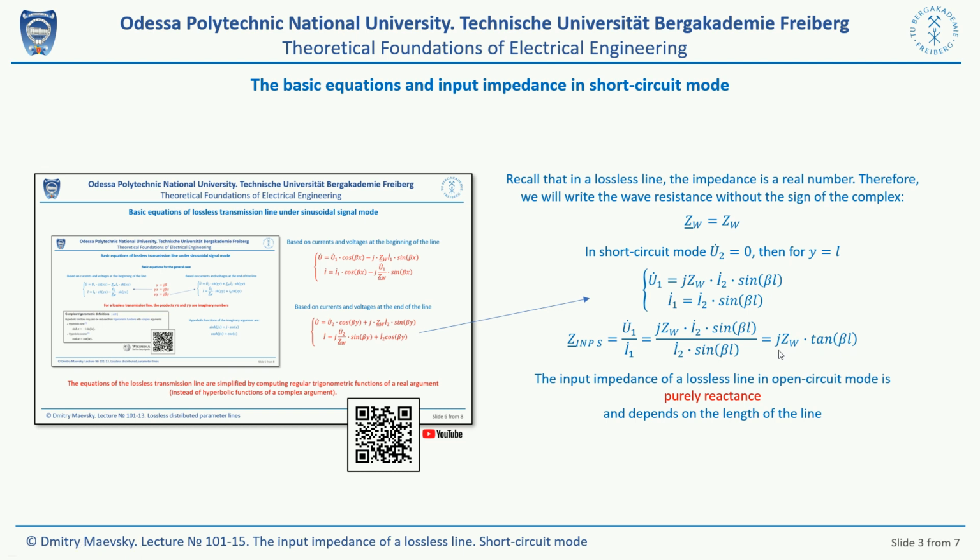Pay attention to the fact that the complex input impedance of the line is purely imaginary. Do you see the j at the front of the formula? This signifies that the input impedance of the line is reactive.